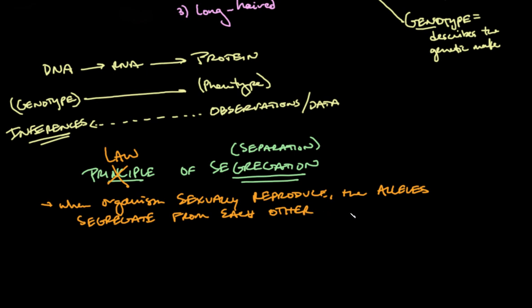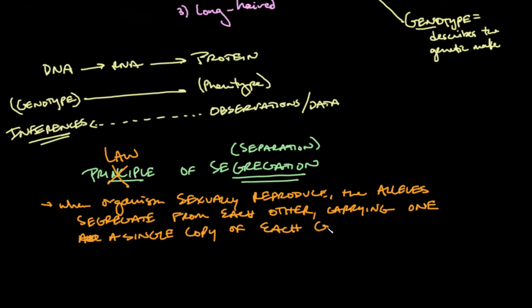They segregate from each other, which means that they carry one allele, or let's say a single copy, of each gene.